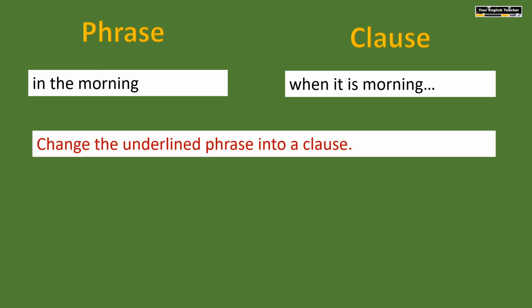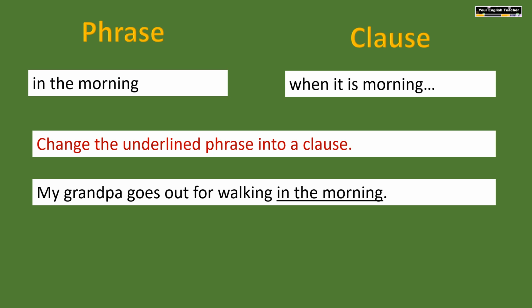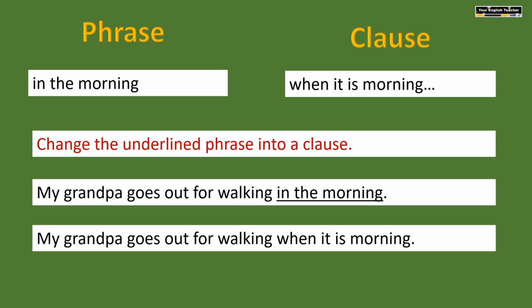In a sentence, it may be asked like this. My grandpa goes out for walking in the morning. By making it a clause, you can rewrite the sentence like this: My grandpa goes out for walking when it is morning. Hope you understood.